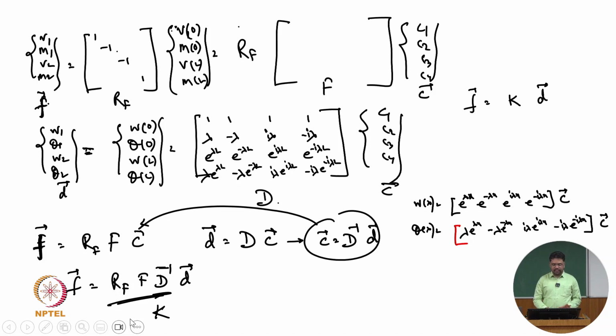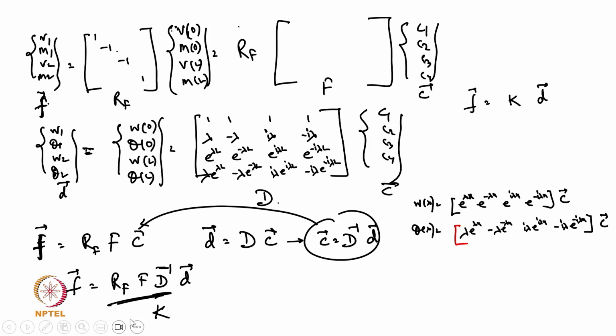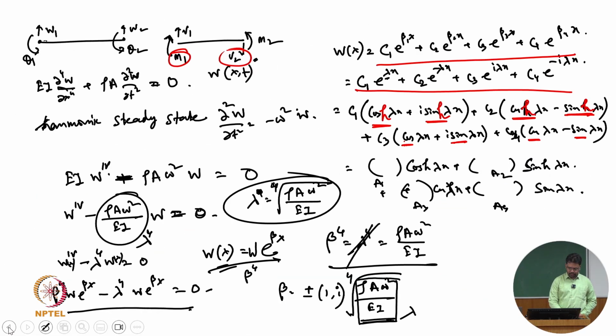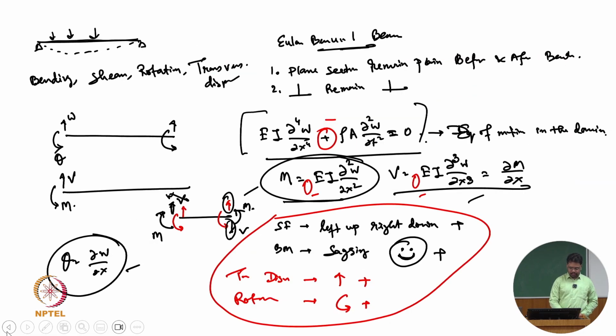So we have seen how we can calculate the dynamic stiffness matrix or spectral element matrix for a beam element using Euler-Bernoulli theory. If we quickly review that full thing: we have written the equation of motion, then the rotation, moment and shear force.